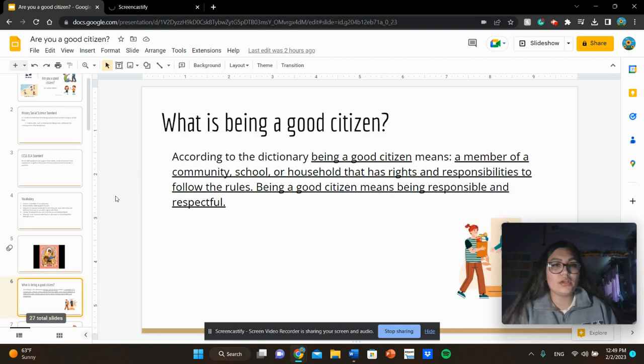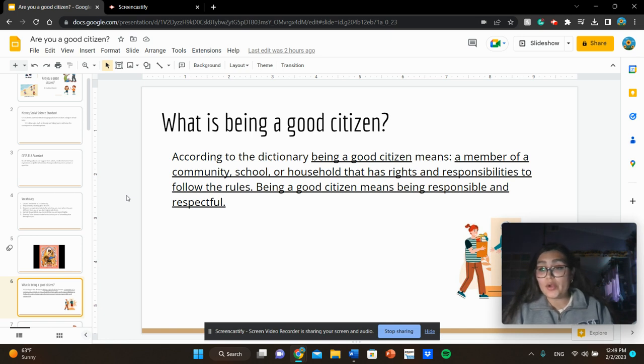So now we are going to be going over what it means to be a good citizen. According to the dictionary, a good citizen is a member of a community, school, or household that has rights and responsibilities to follow the rules. So being a good citizen means being responsible and respectful.